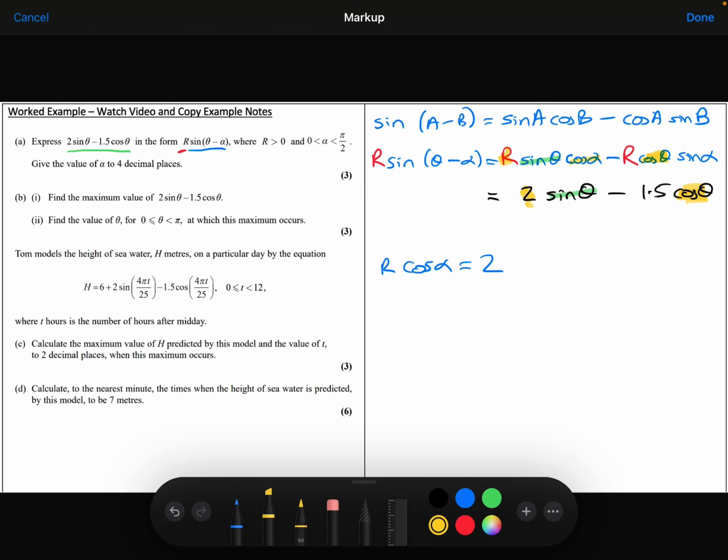So that means that my r sine alpha is going to have to equal 1.5. Right, let me just divide through by r here so I can see my trigonometric ratios a bit clearer.